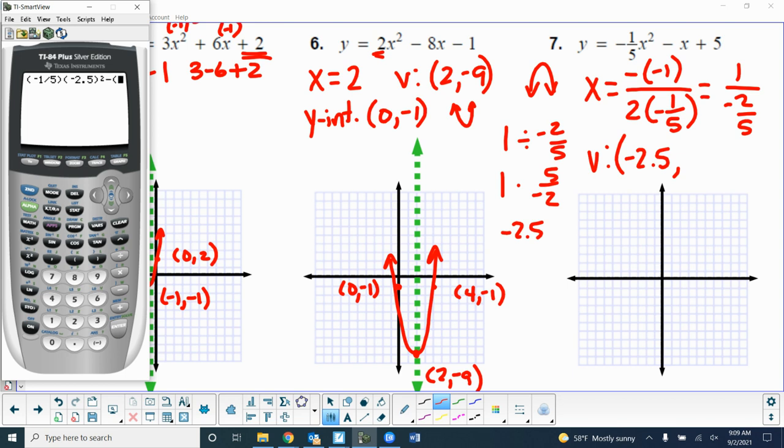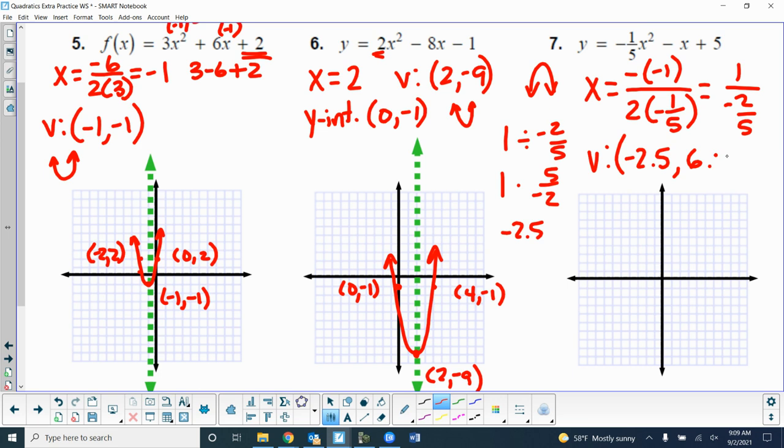Minus, parenthesis, -2.5 plus 5. So just put it in your calculator. You don't have to try to do it by hand. So you get 6.25 for the y value of the vertex. Just like we did before. We just have fractions this time, or decimals.